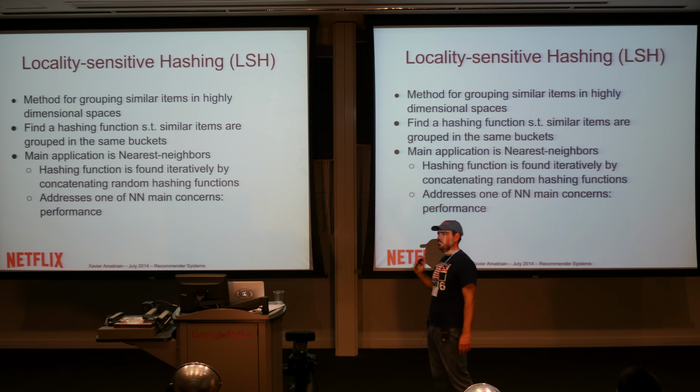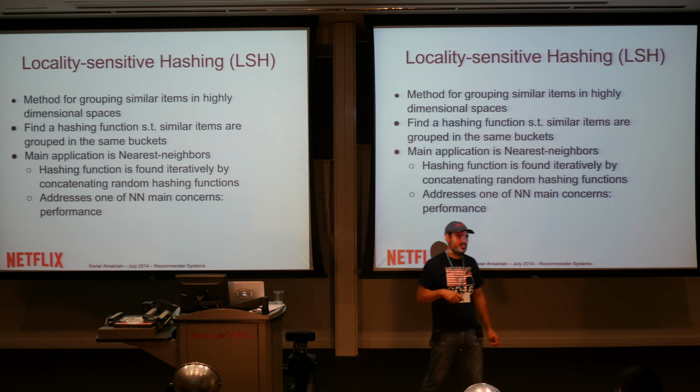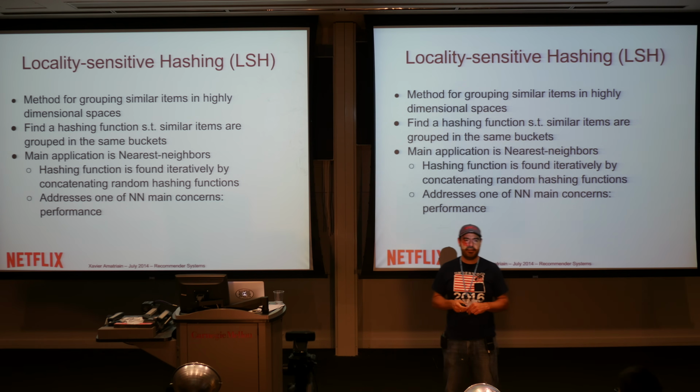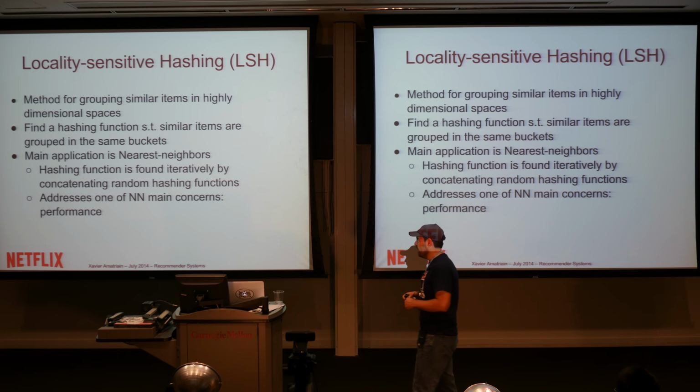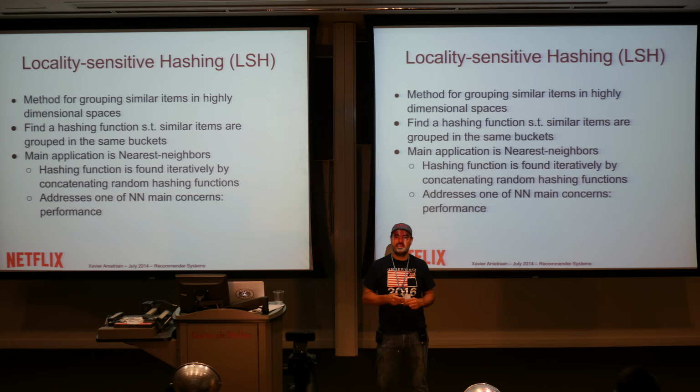I just wanted to briefly mention LSH. I don't think Deepak mentioned LSH, which is interesting because LinkedIn is known to have used LSH for recommendations in the past. So locality-sensitive hashing is just a method for grouping similar items in highly dimensional spaces.